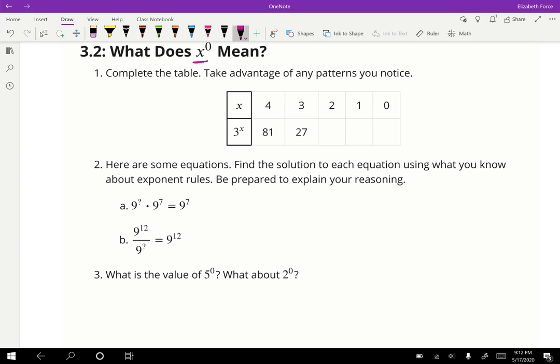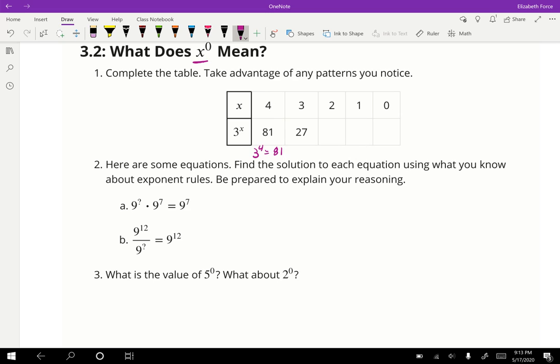The first thing they want you to do in number 1 is complete the table of values. They're giving you x, starting at 4 and going to 3, 2, 1, 0, and the expression 3 to the x. So for the first row, it's 4 and 81, because you're plugging in 4 for x. 3 to the 4th power is 81.